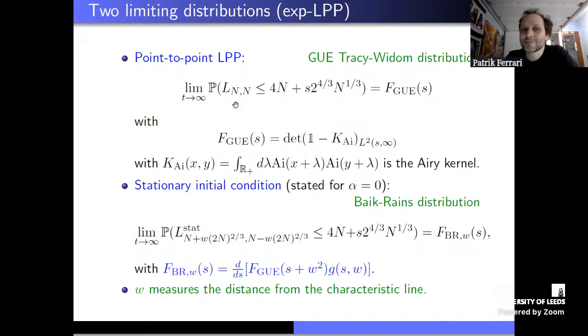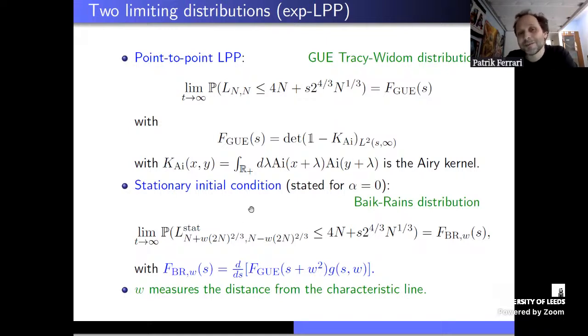Last passage percolation to the point (N,N) has a law of large numbers of 4, so it's about 4 times N, and fluctuations of order N^(1/3), and the law is given asymptotically by the Tracy-Widom distribution for Hermitian matrices, the so-called GUE Tracy-Widom distribution. And this has different expressions. One expression is given in terms of a so-called Fredholm determinant of the Airy kernel.